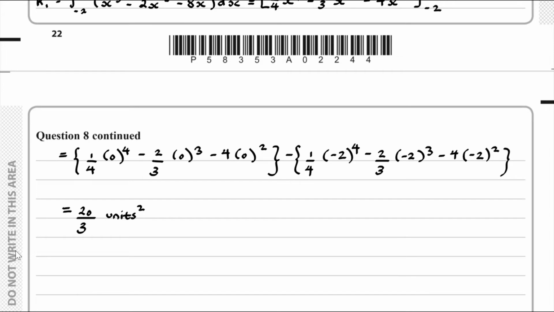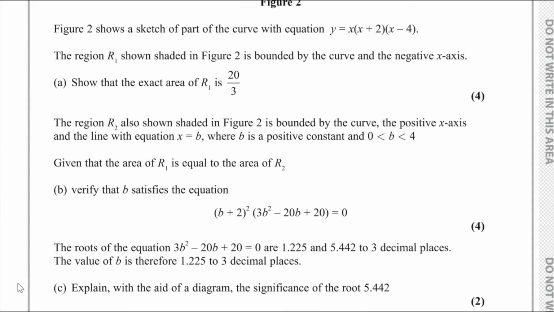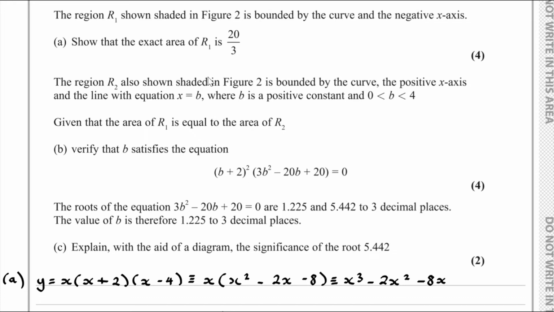Okay, and now for part B, the region R2, also shown shaded in figure 2, is bounded by the curve, the positive x-axis and the line with equation x equals b, where b is a positive constant and b is between 0 and 4.